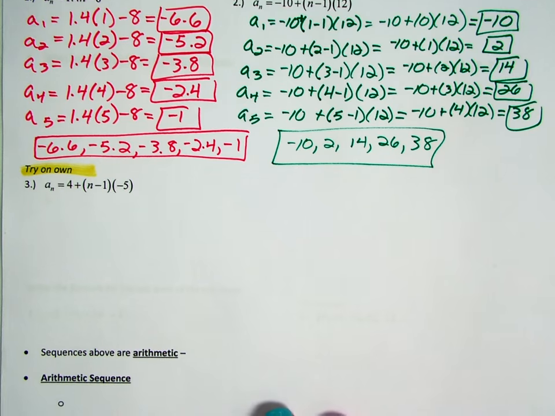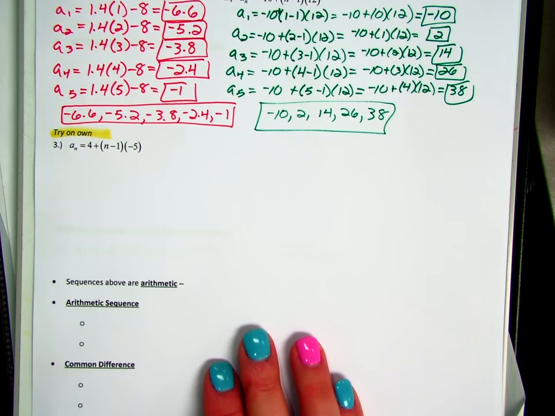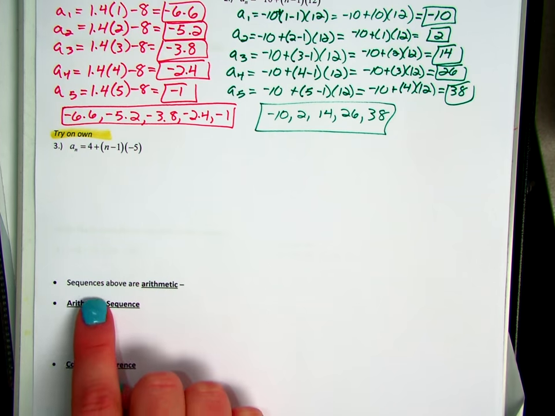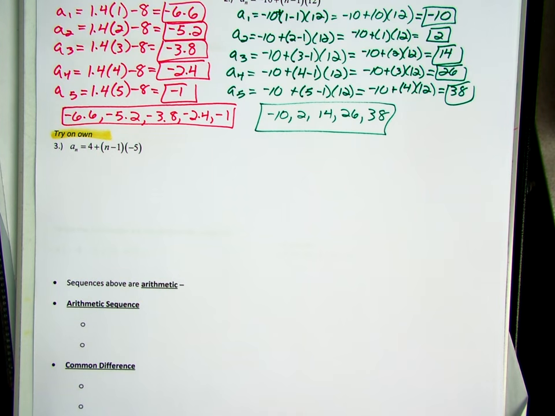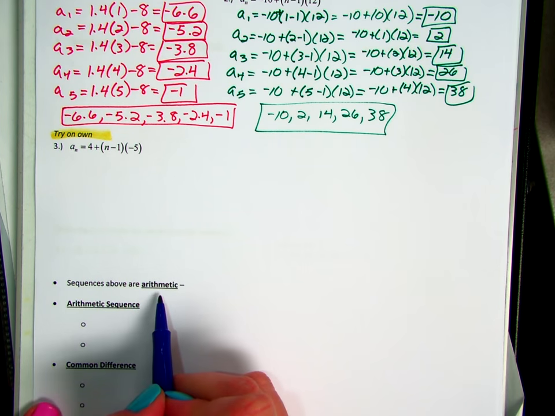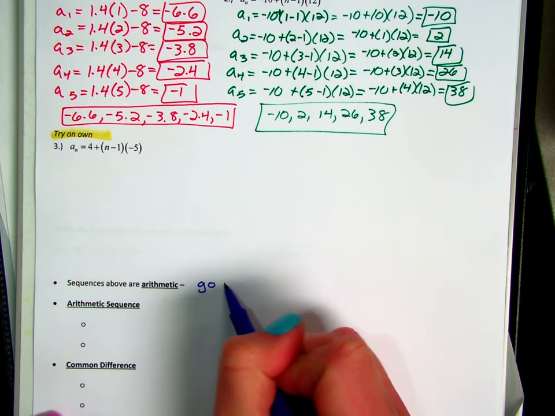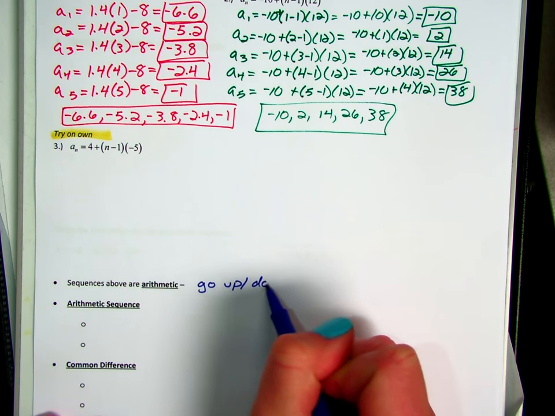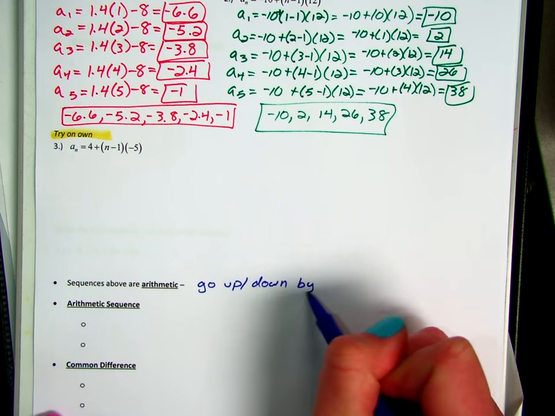But now let's talk about those terms that we were just finding. Every single one of these sequences above is what we call an arithmetic sequence. The reason why they're arithmetic is because they go up or down by the same amount each time.